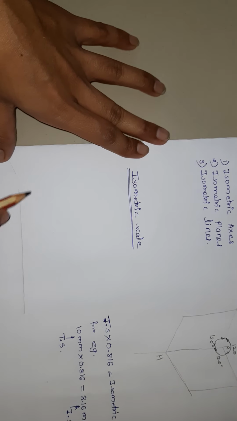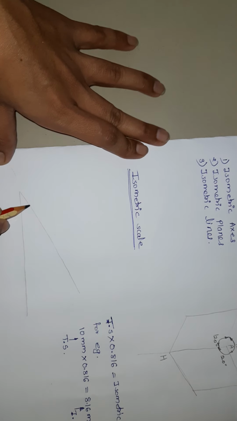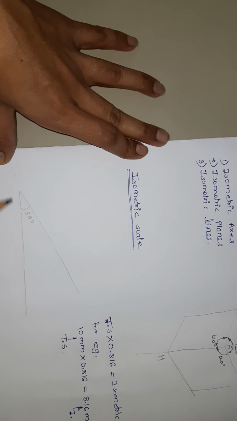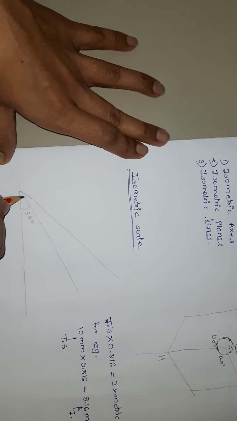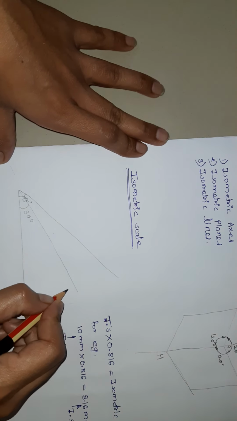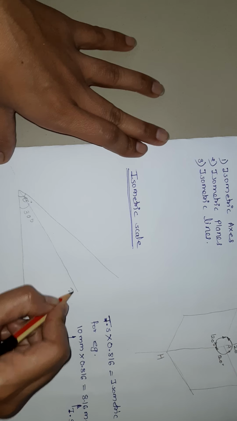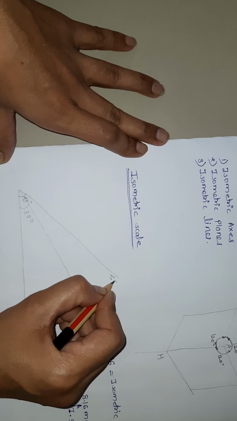Then draw a line which is inclined at 30 degrees to this first line. Then draw a second line which is inclined at 45 degrees to this first line. Okay, now on this scale you will get the reduced dimension or isometric scale, and here the true scale.